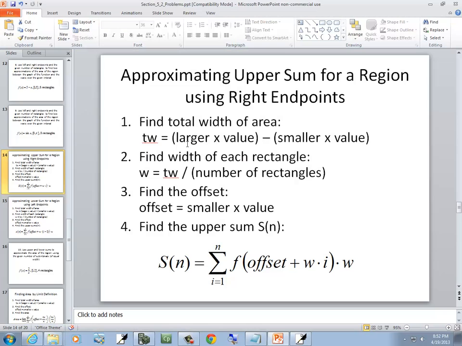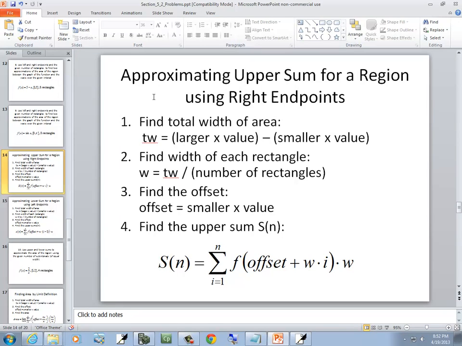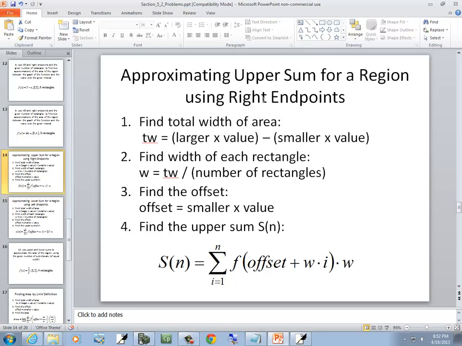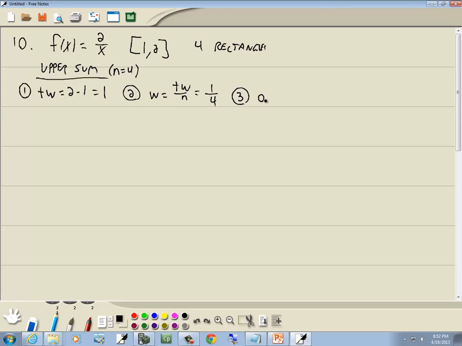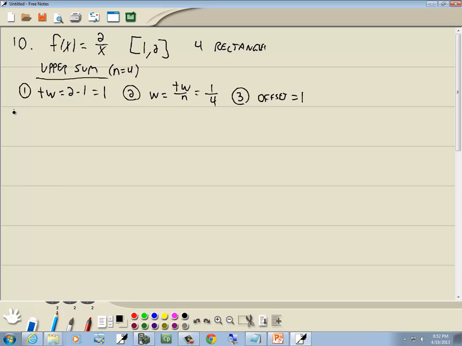Our total width is the larger x value minus the smaller, which is 2 minus 1, which gives us 1. Number 2, W is equal to total width divided by N. So that's 1 divided by 4. So W is equal to 1/4. Number 3, find the offset. It's the smaller x value. So the offset is equal to 1. And now we're ready to find our upper sum.